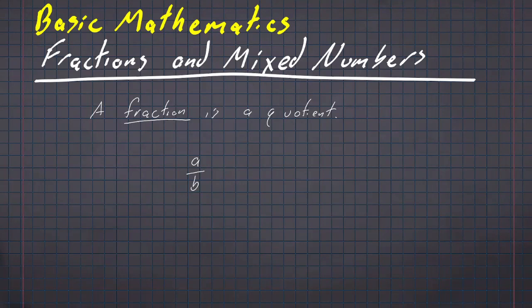We've seen previously, fraction notation A over B means A divided by B. And in vocabulary, the thing on the top of the fraction, A in this case, is called the numerator. And the thing on the bottom of the fraction, B in this case, is called the denominator.